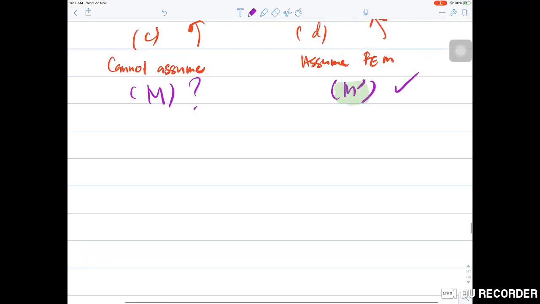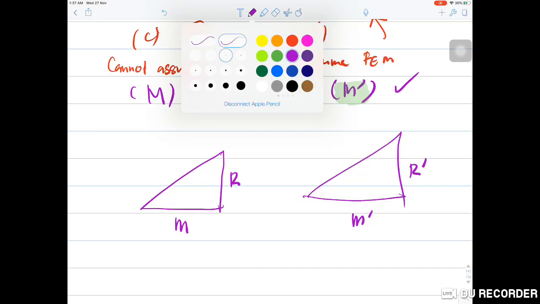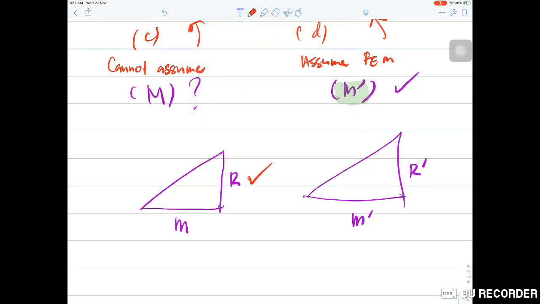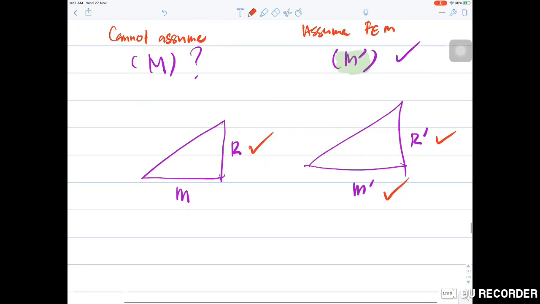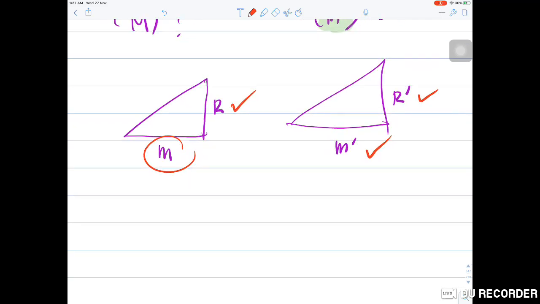So let's say we have two triangles because we want to do interpolation, C proportional with D. If this is M, this is R, and this is M prime and R prime. These four values: R is a known value, R prime is a known value, M prime is a known value. Can we determine this M using interpolation? Can, right?